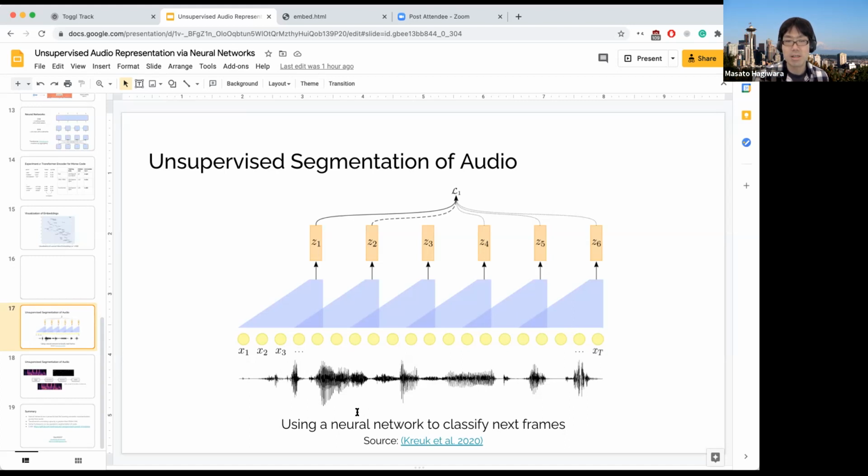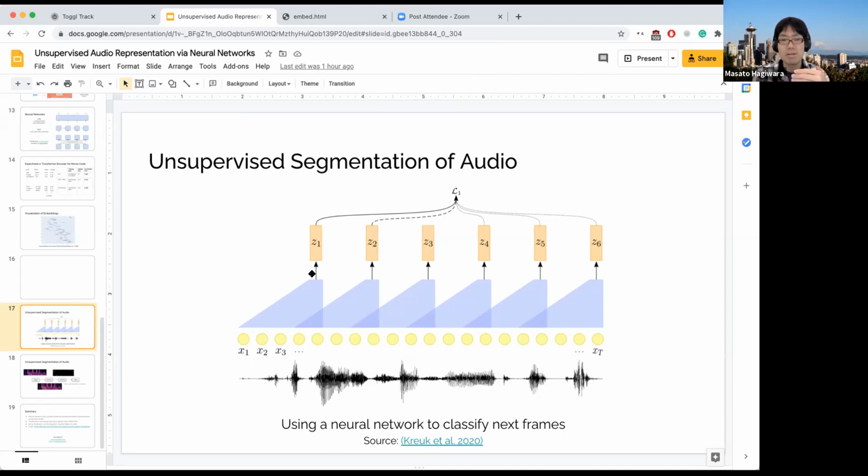That's a method proposed by a recent paper from Facebook AI. What they did is you have a sequence of encoders, but you apply this to equally sized chunks of audio. No notion of words, sentences, phrases or phonemes, but you apply this sequentially, and you get embeddings for every 10 milliseconds.